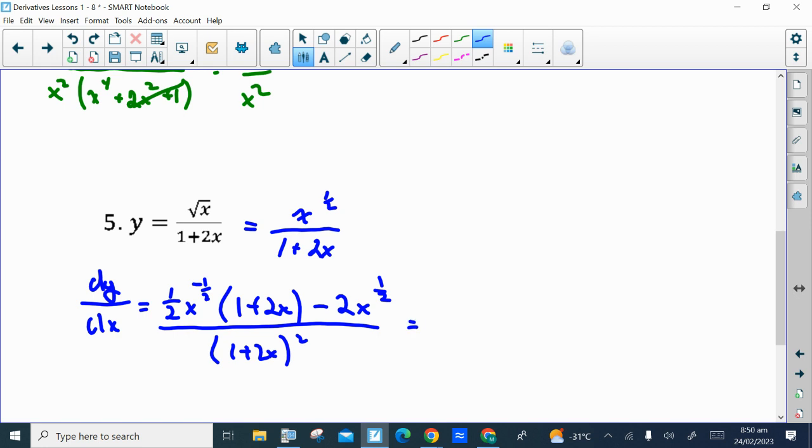So if we multiply these out, we'll get 1/2 x to the negative 1/2. And then when you multiply the 1/2 times the 2, it'll be positive 1x to the positive 1/2 minus 2x to the positive 1/2.